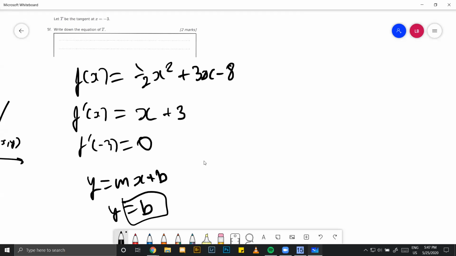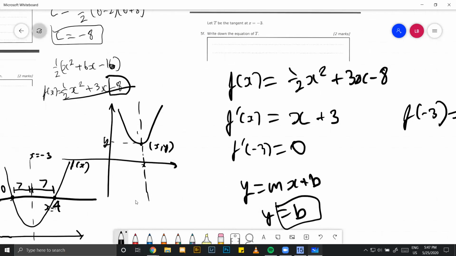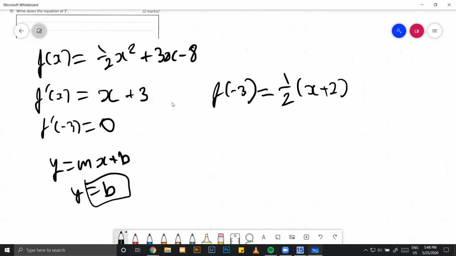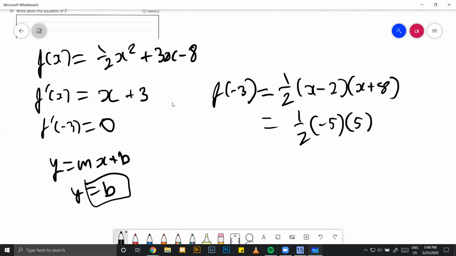So if you plug -3 into f of x, so if you take f of -3, it's easier to use the other form, like we had half times x minus 2, and x plus 8. That's equal to half times -3 minus 2, that's -5, and -3 plus 8, that's 5.